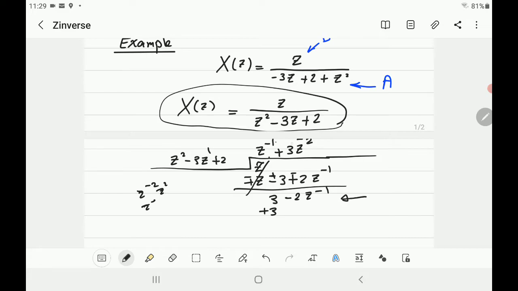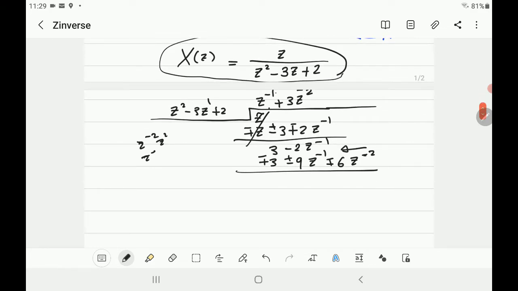Multiply by the second term: plus 3 and minus 3 will be minus 9 z minus 1. 3 times 2 is equal to 6 z minus 2. And then you change the sign and add. So you get that cancel. That will be 7 z minus 1 minus 6 z minus 2.